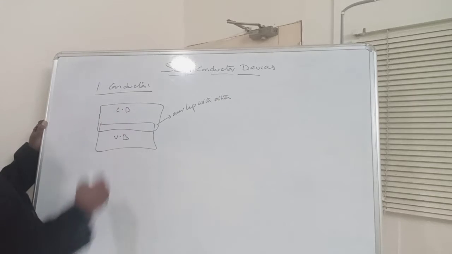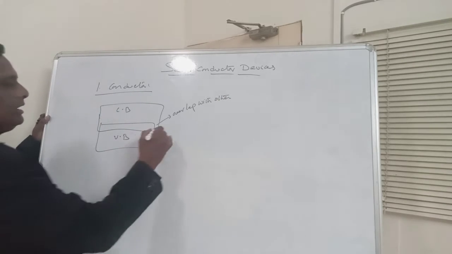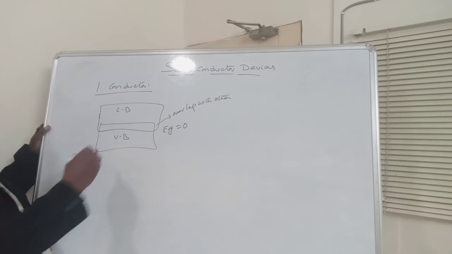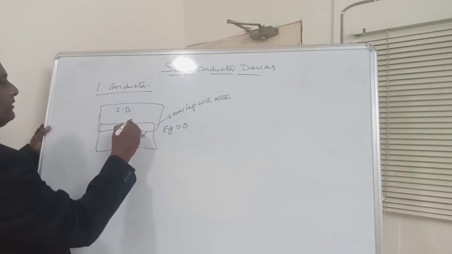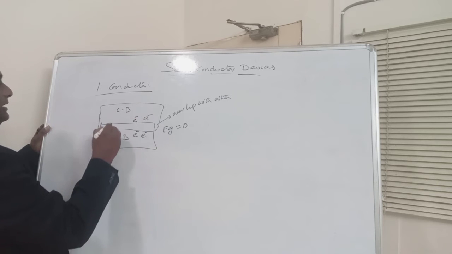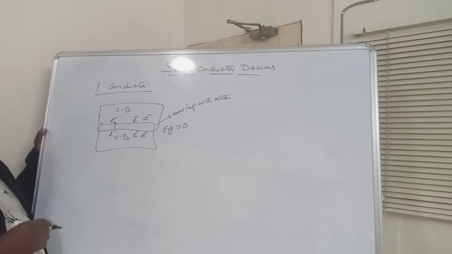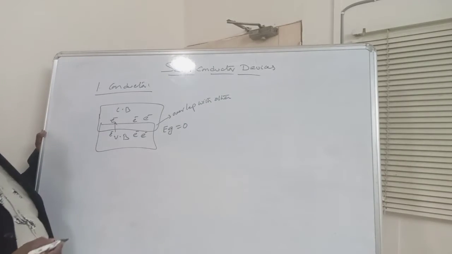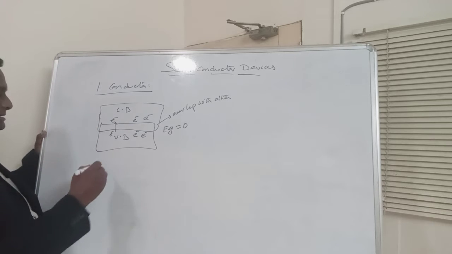So there is no gap, which means the forbidden energy gap Eg is equal to 0, meaning electrons move freely from valency band to conduction band without giving any energy. So these are the conductors.